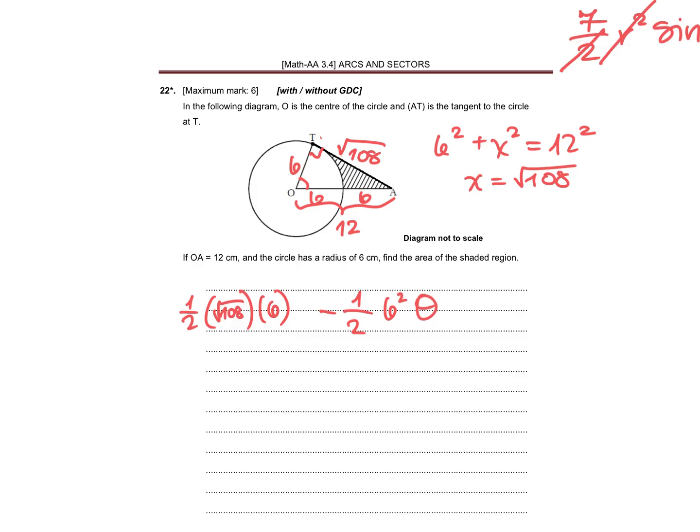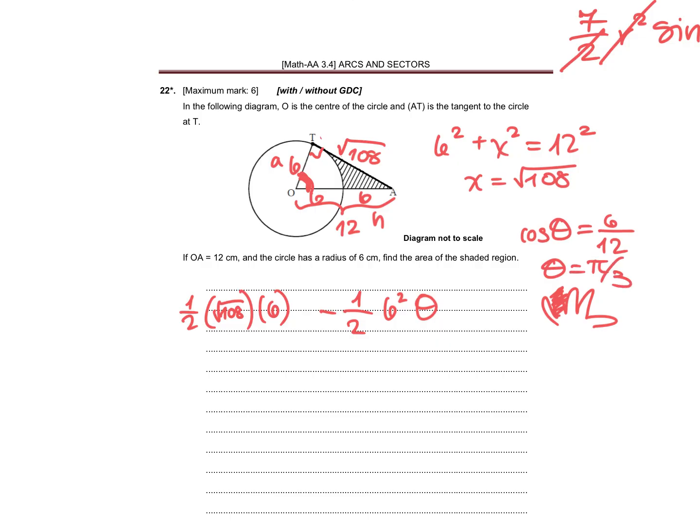So now we need to use SOHCAHTOA to find out this central angle here. So we have the adjacent and the hypotenuse, so we're going to use cosine theta is 6 over 12. So this is 1/2, and cosine is 1/2 at pi over 3.